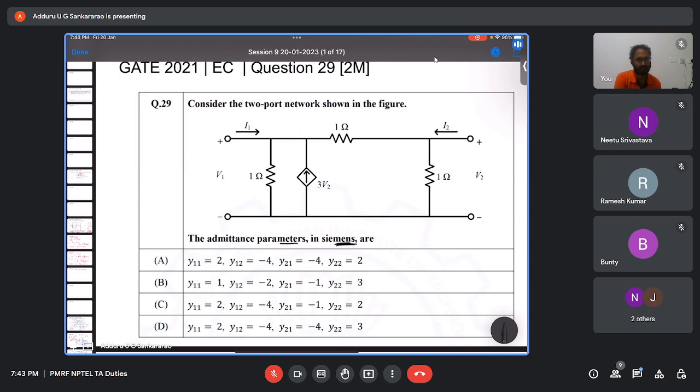I think you have studied two-port networks. We have different two-port parameters: impedance parameters (Z parameters), admittance parameters (Y parameters), hybrid parameters, ABCD parameters. Like this, we have different ways of representing a two-port network, right?